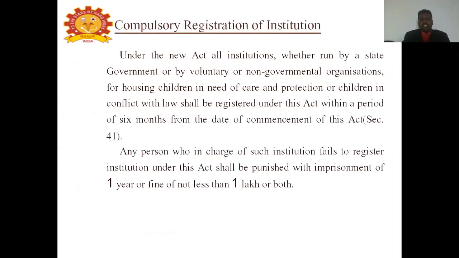Now, compulsory registration of institutions. Under the new Act, all institutions, whether run by a state government or by a voluntary non-governmental organization, for housing children in need of care and protection or children in conflict with law, shall be registered under this Act within a period of 6 months from the date of commencement of this Act, Section 41.